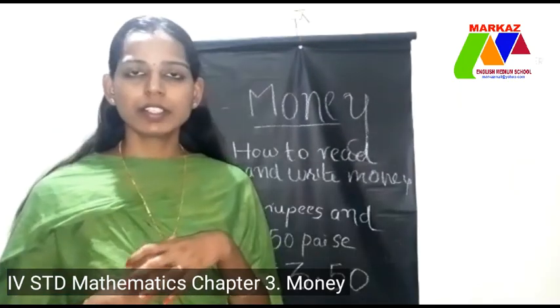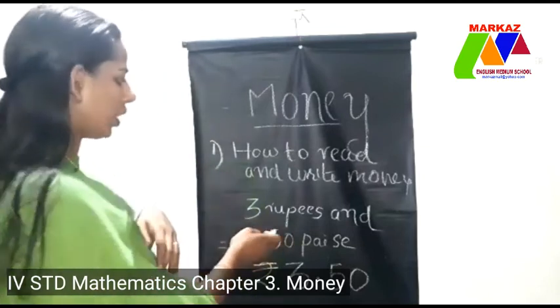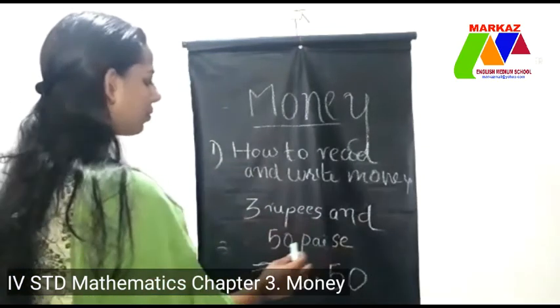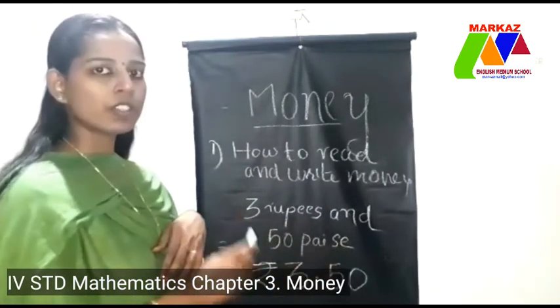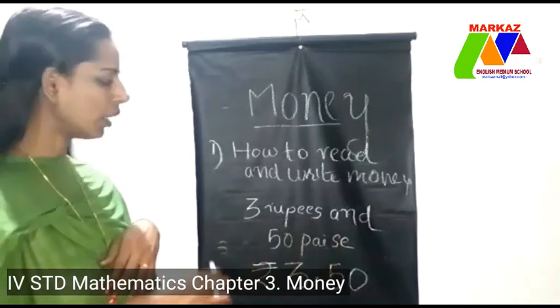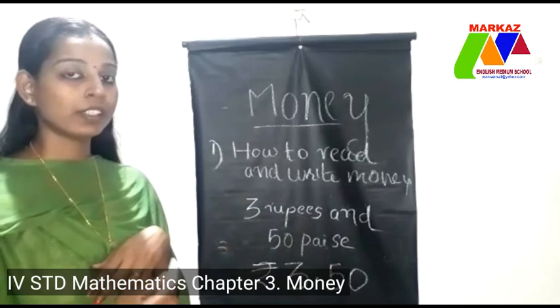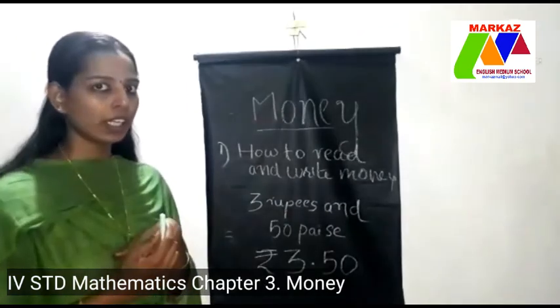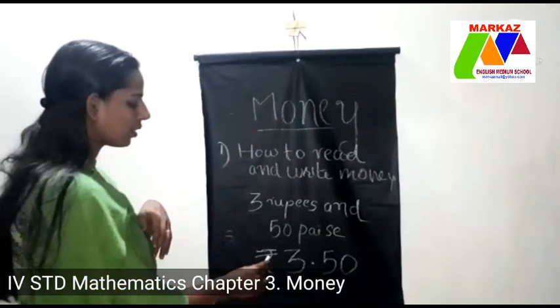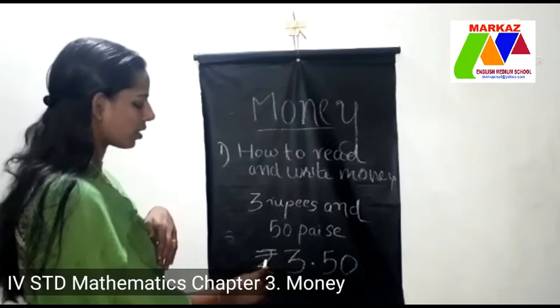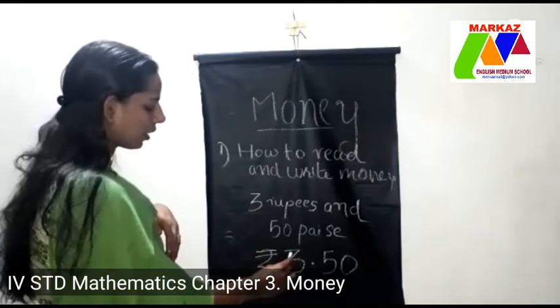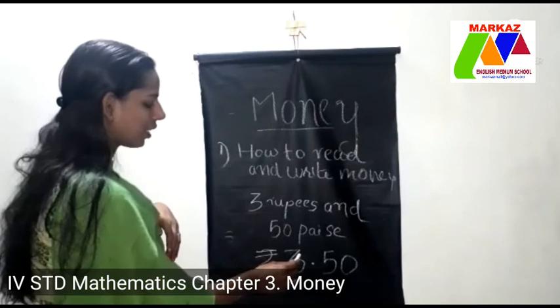Okay students, look here. Here is 3 rupees and 50 paise, written in the form of words. Now let us study how it should be written in figures. Here this is the symbol for rupees. Then the 3, we have to put here.